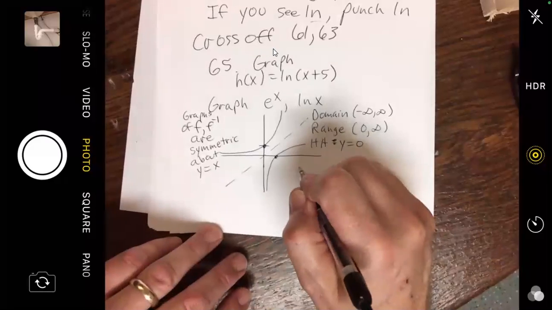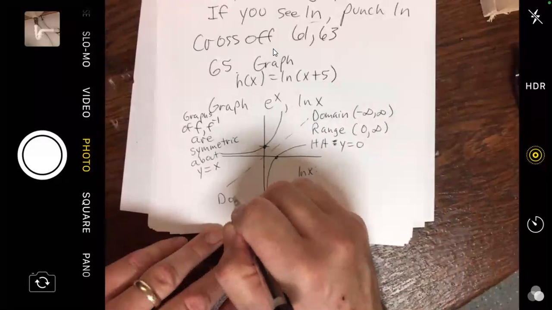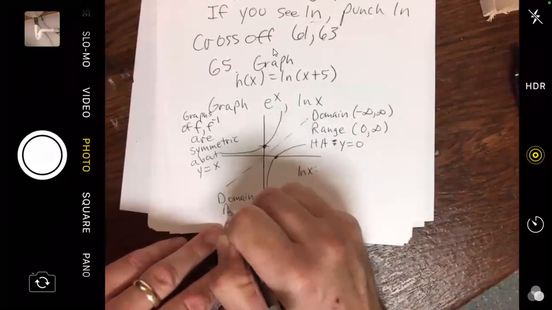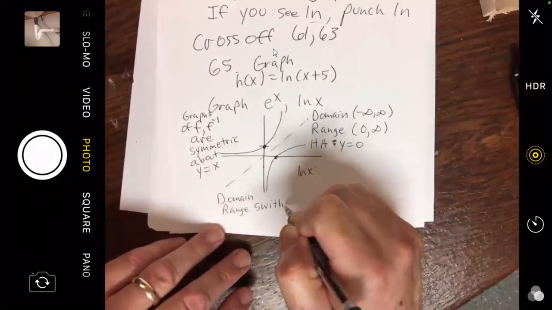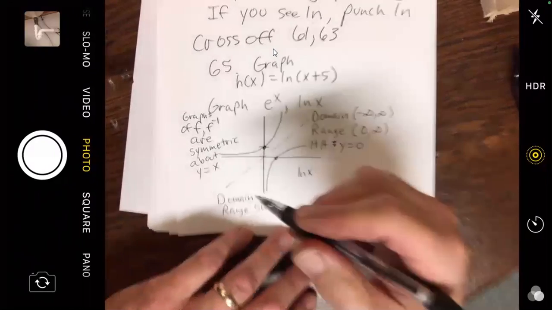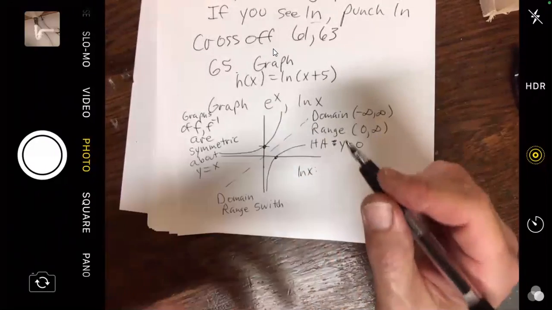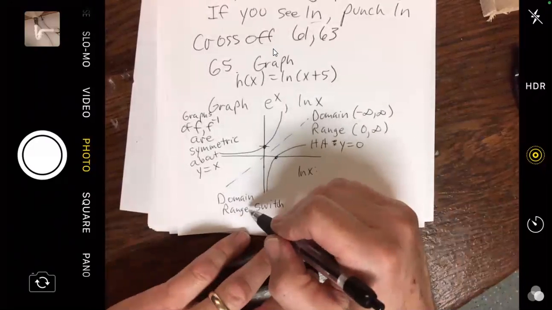On a straight log, remember domain and range switch. Because you're switching, when you find the inverse in step 2, you switched x and y. So you switched input and output, which switches domain and range.